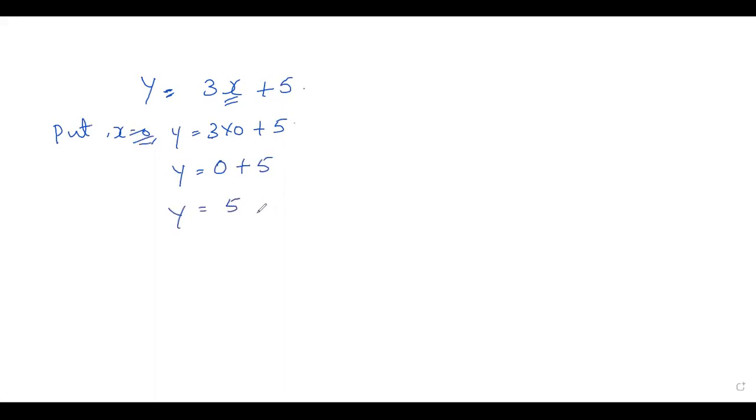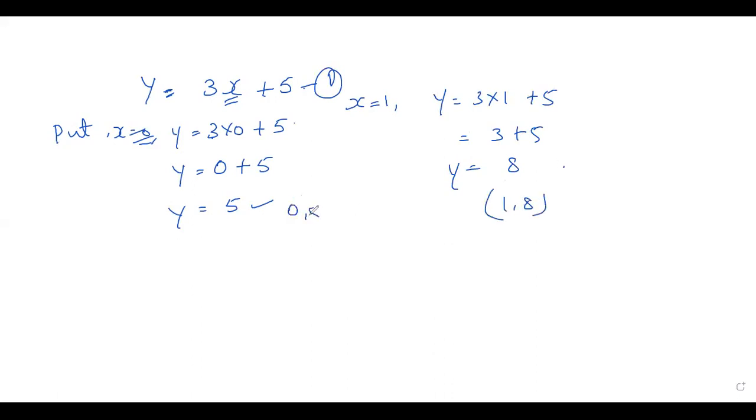When x is 0, the value is 5. Now I'll put x is equal to 1. Substitute 1 in the equation. Then y is equal to 3 into 1 plus 5 is equal to 3 plus 5, that is 8. So 1 comma 8, and 0 comma 5. If you go on giving the values for x, you'll be getting the values for y. So that's why we say it has infinitely many solutions.